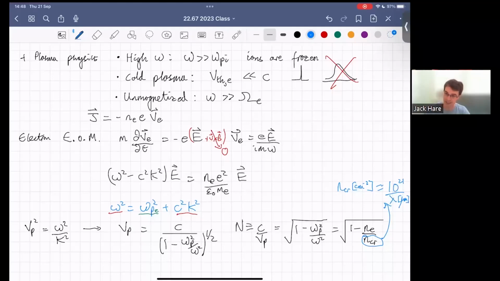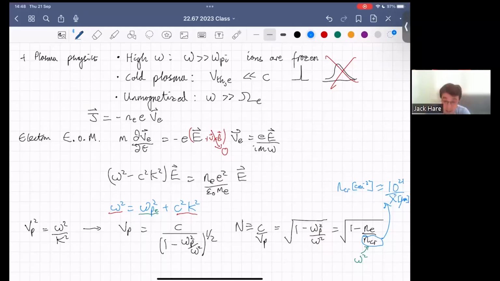But just to be clear, the reason I've got there is I've taken this omega p squared and this omega squared, and I've noticed that omega p squared has inside it the electron density, and I've rewritten all the other terms. So this N critical now has inside it things like omega squared. I made a critical mistake in my equation up here.